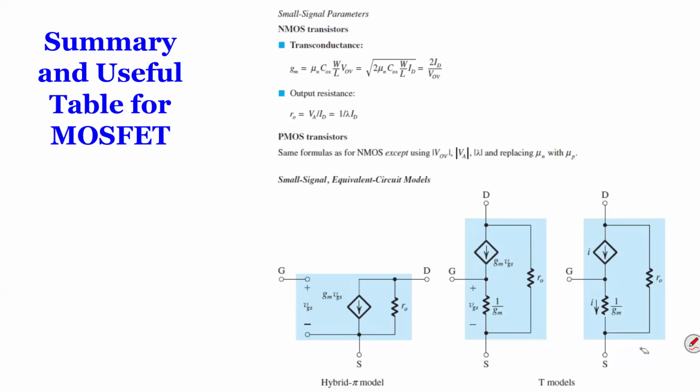If you use I times 1 over GM, what do you get? You get the voltage, which is VGS. So VGS divided by 1 over GM gives you I. That's how you get this equivalent circuit. So that's for the MOSFET.